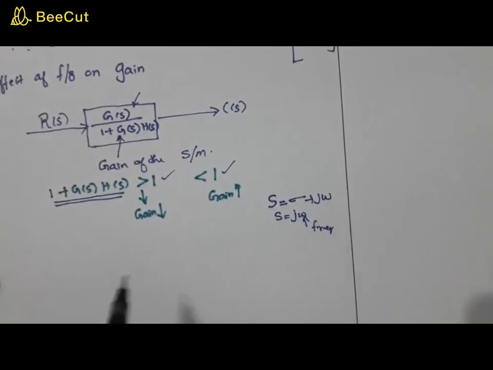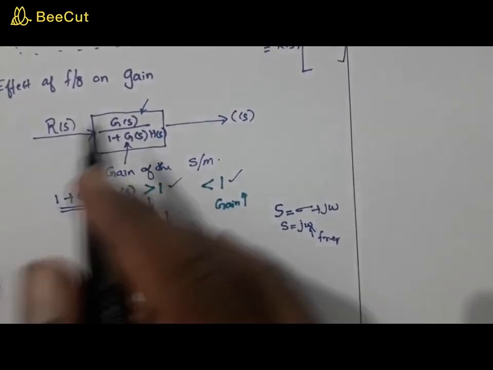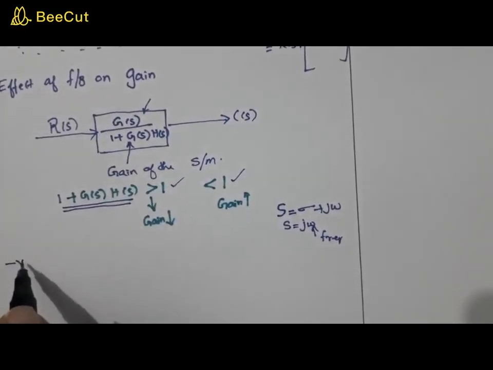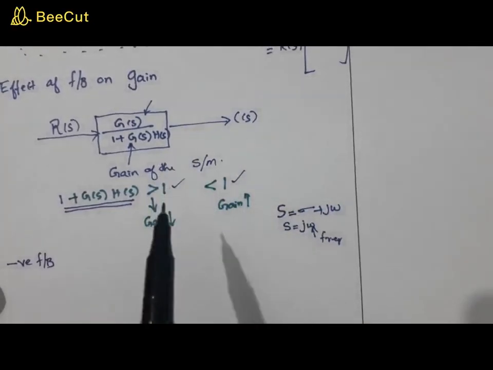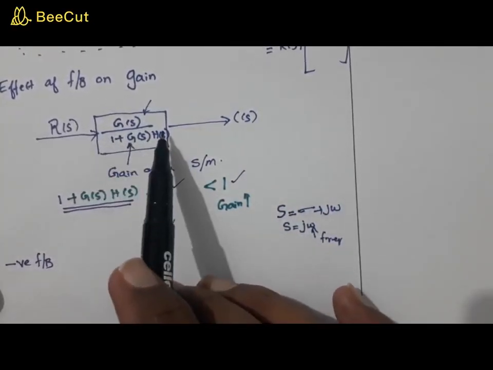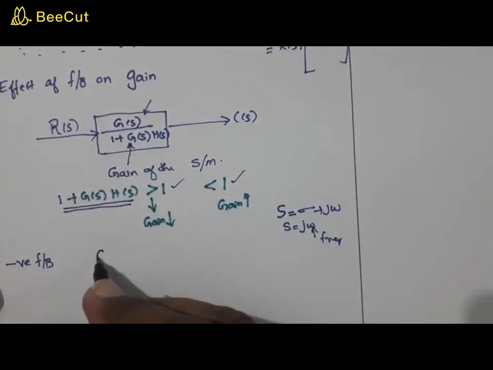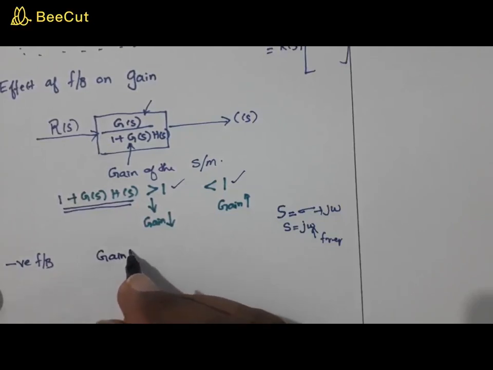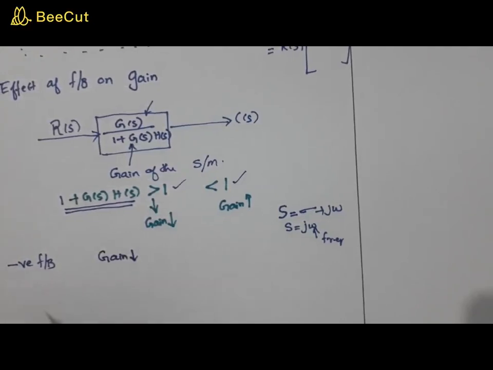This is a negative feedback system, so 1 plus G of S H of S has to be always greater than 1. So in a negative feedback system, the gain decreases. What happens in a positive feedback system?